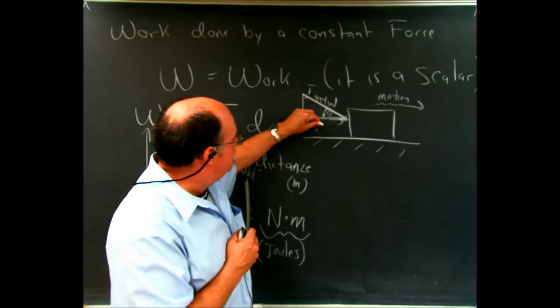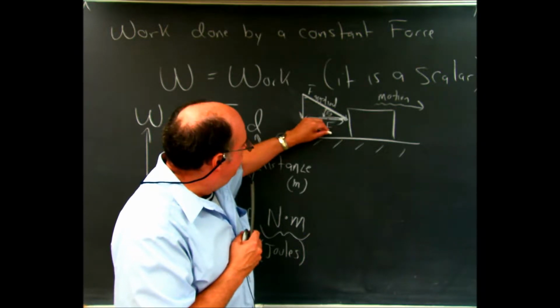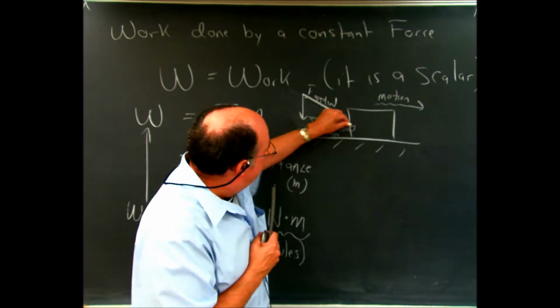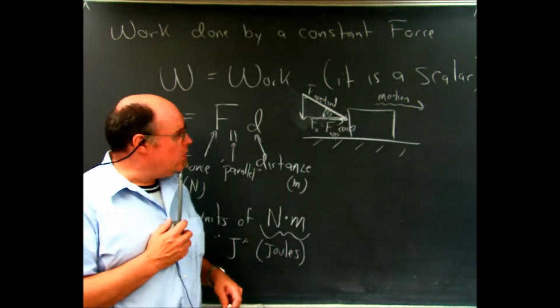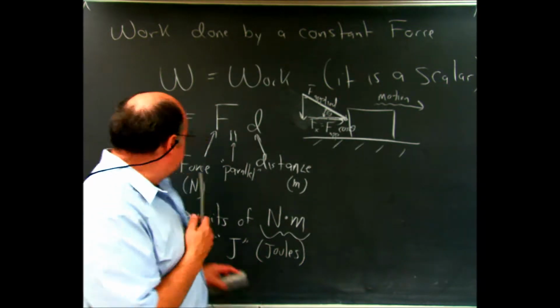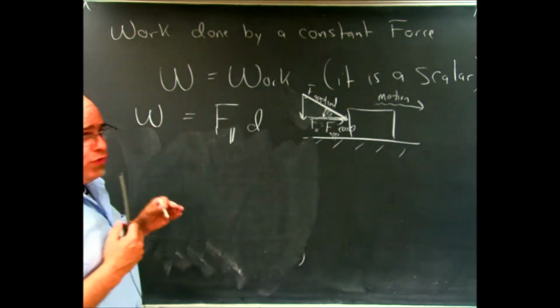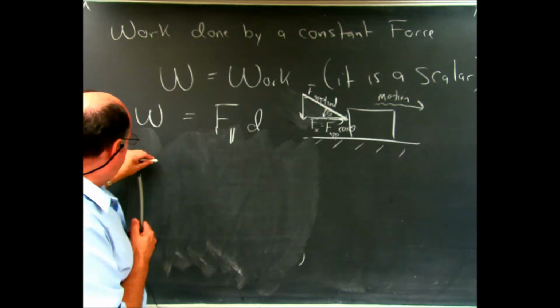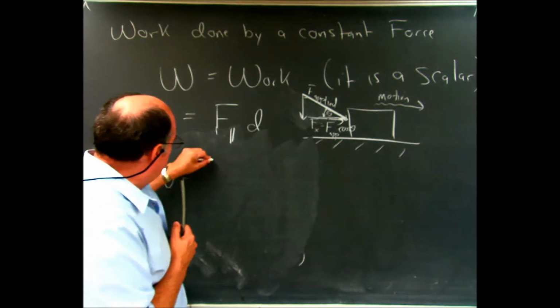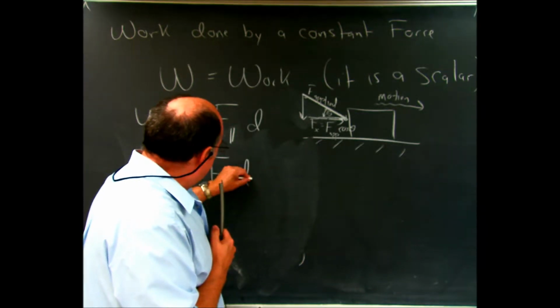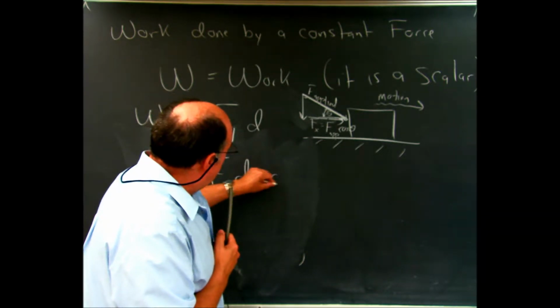So this would equal the force applied times the cosine of the angle. If that's the case, then we could rewrite this. And here's the parallel: the work is equal to the force times the distance times the cosine of the angle.